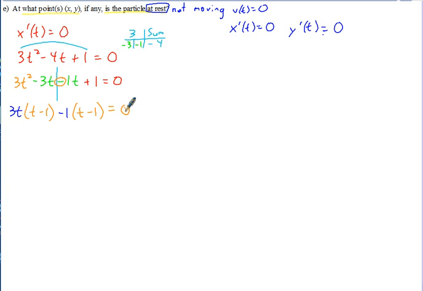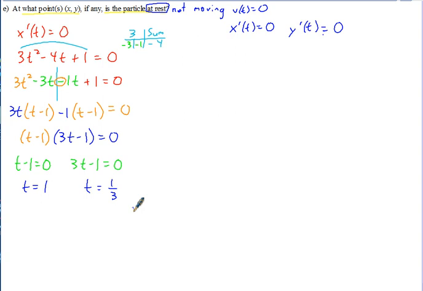Now you can take out a GCF of t minus 1, which they both have, and what would be left would be 3t minus 1. So now it's equal to 0. The only way these can multiply to be 0 is if one of them is 0. So either the t minus 1 equals 0, or the 3t minus 1 equals 0. If you solve this, you get t equals 1, and here, add the 1 divided by 3, so t equals 1/3.